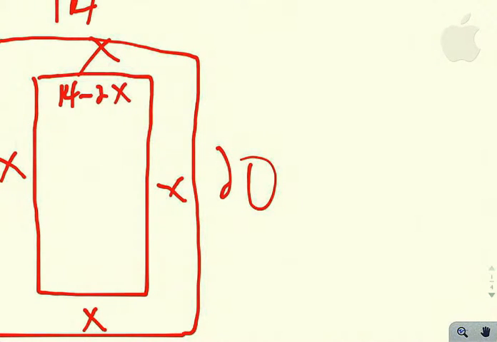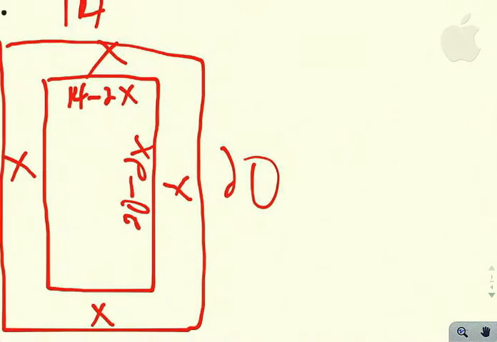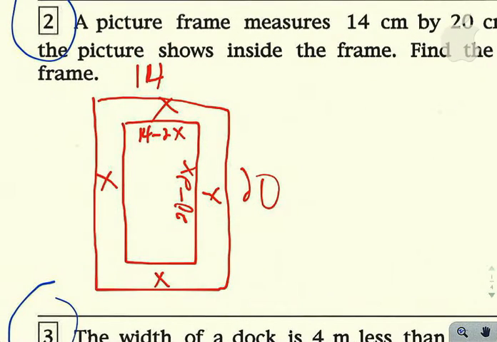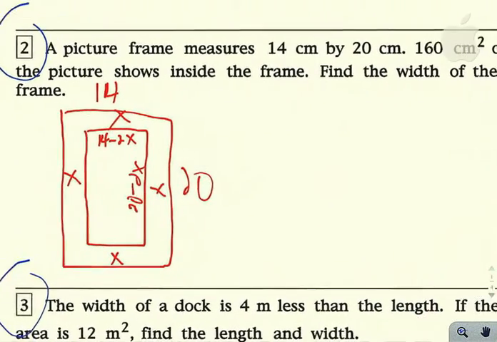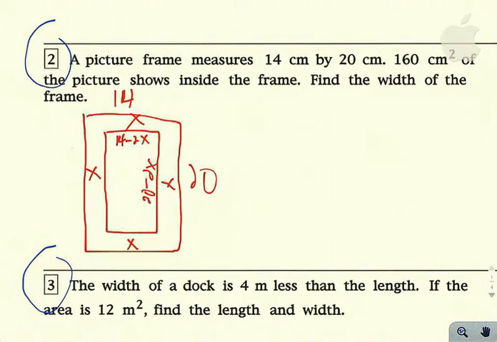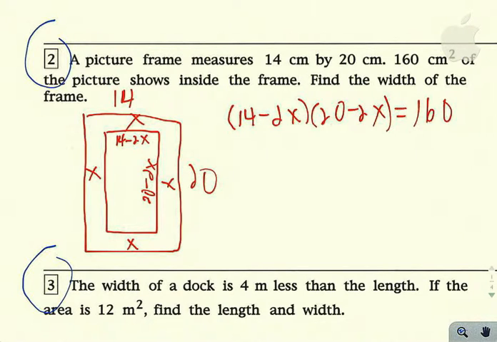And this other side has to be 20 minus 2x. And it says that the picture is 160 square centimeters. So 14 minus 2x times 20 minus 2x is got to be equal to 160.